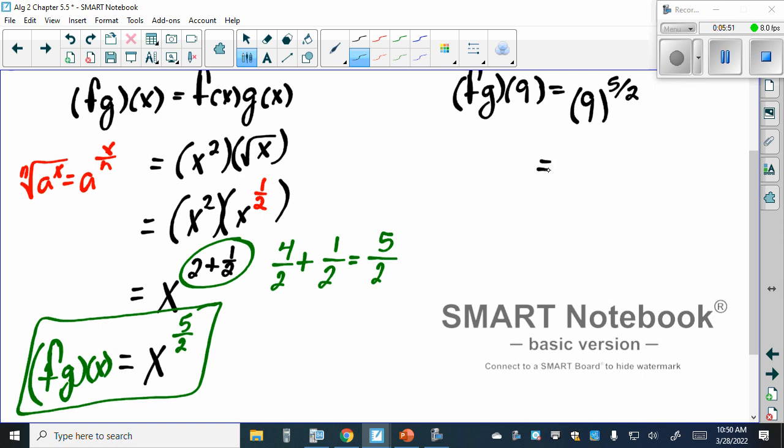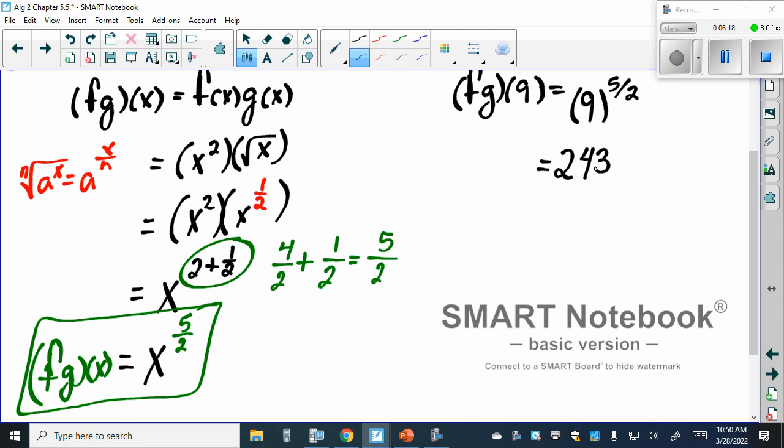So we're trying to find 9 to the 5/2. We're trying to find out what the value of that is. Well, at this point, we could plug this into the calculator to get our answer. And it would be 243, I believe, if I'm remembering correctly from last hour.